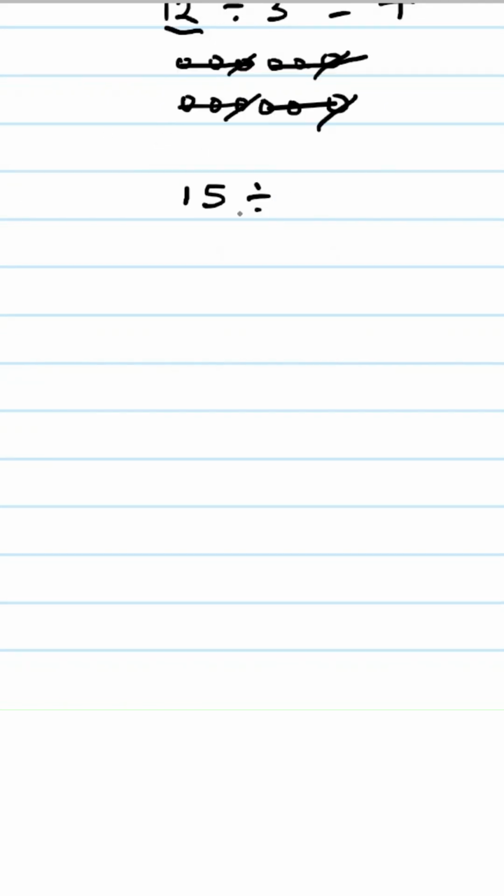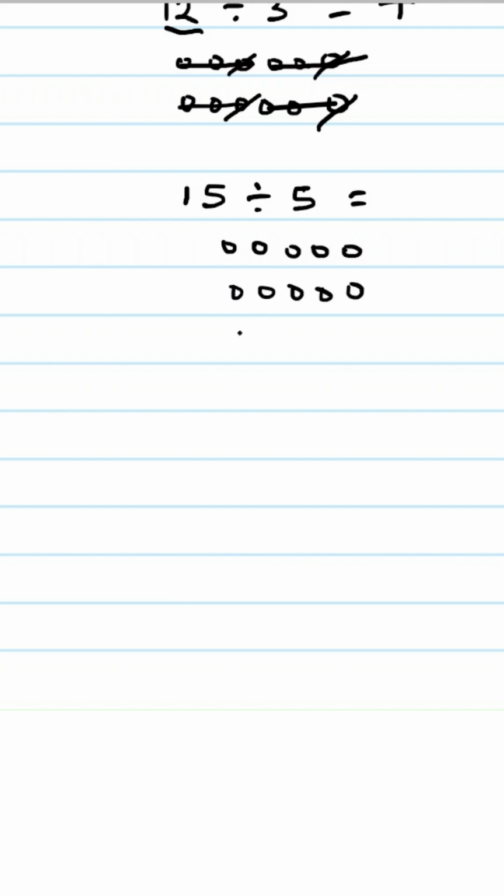Again, I have 15 divided by 5. So again, I will split the first number into 5 equal parts. So I'll count 15. So let's go. 1, 2, 3, 4, 5. 1, 2, 3, 4, 5.